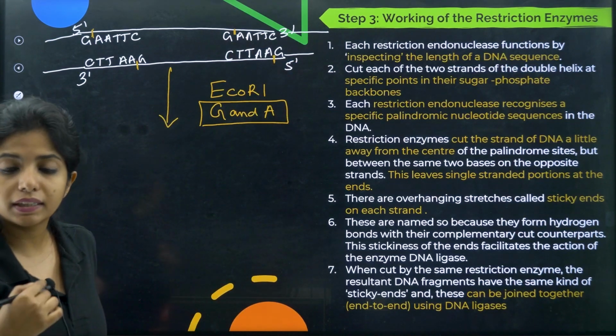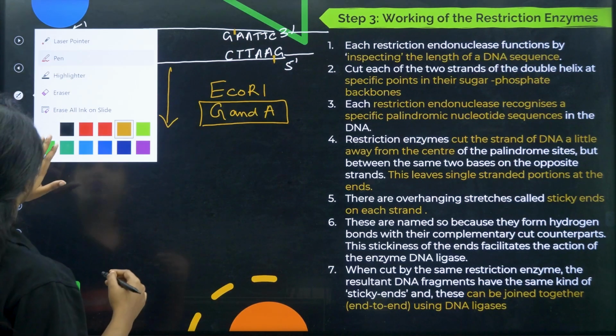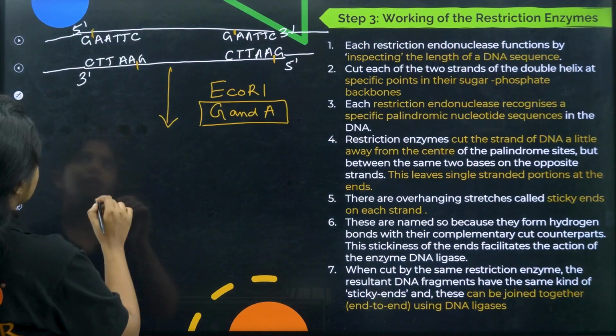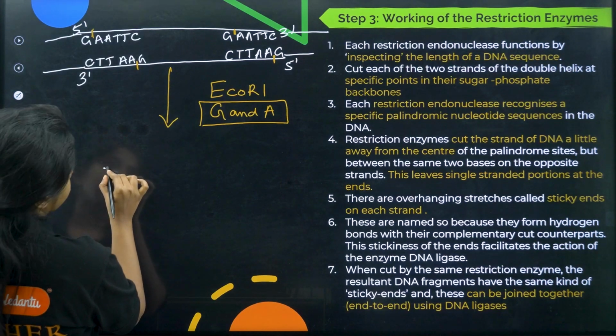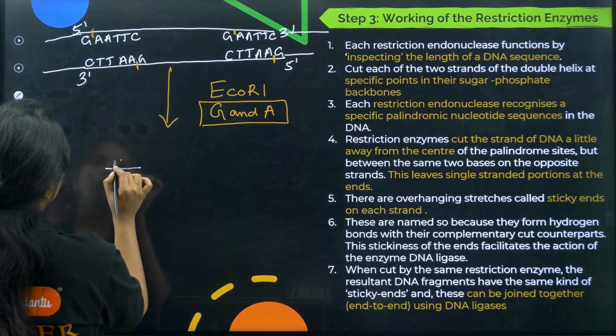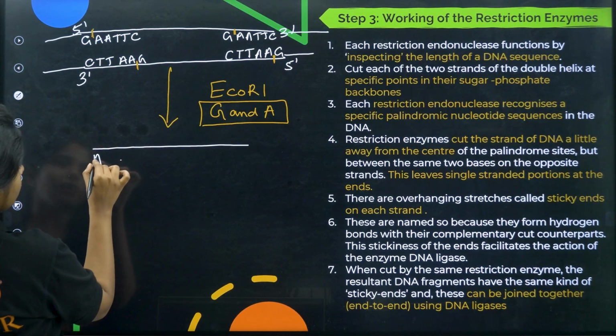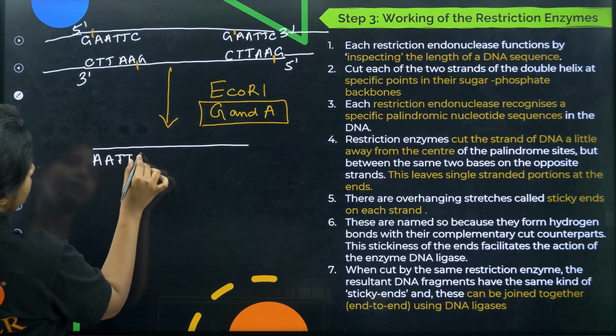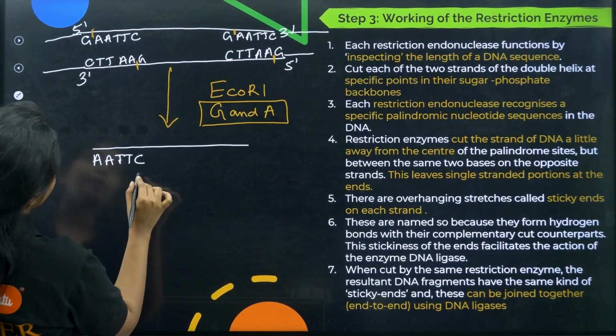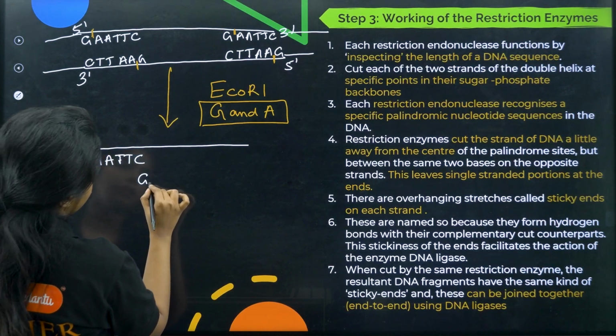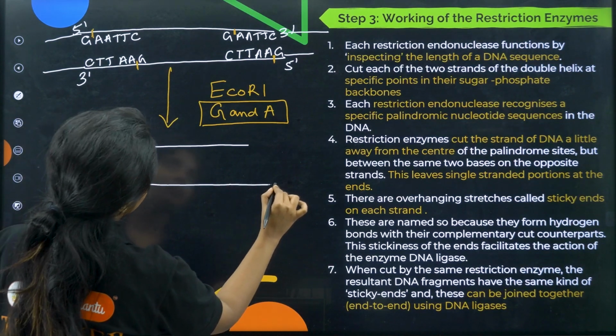Now, how will the DNA appear after the cutting has happened? Over here the DNA might look something like this, where I have AATTC, and here I have G, then this whole DNA strand.